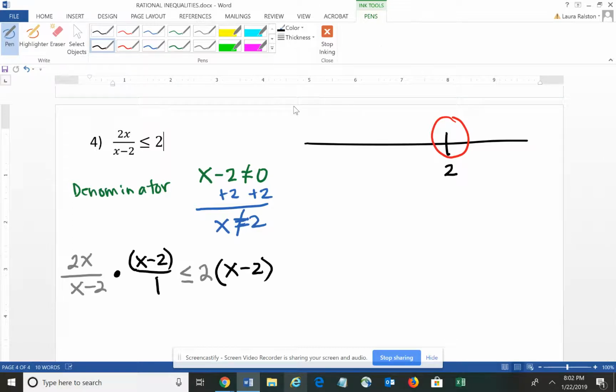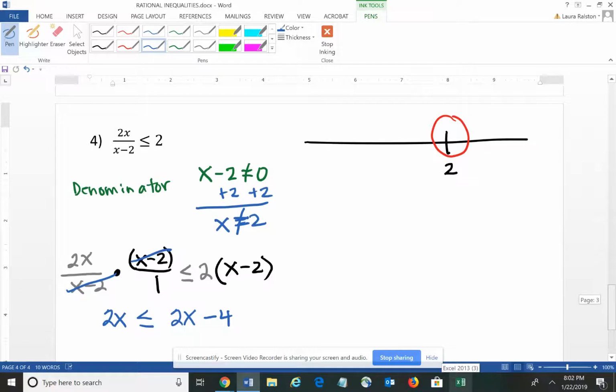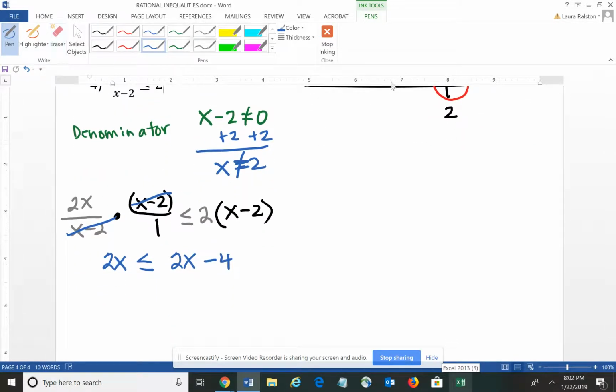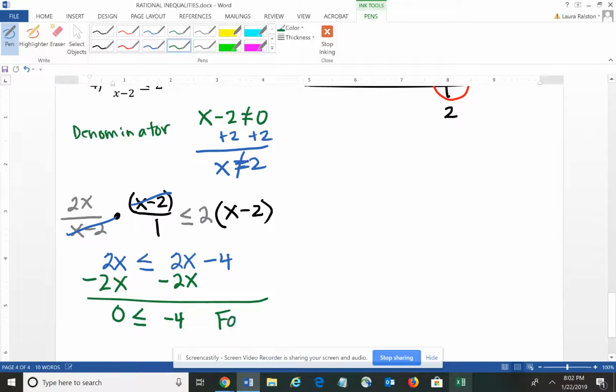So when I do that, I end up with 2x is less than or equal to 2x minus 4. Okay, so if I solve this for x, and this was a little bit tricky, subtract 2x from either side, and you actually get 0 is less than or equal to negative 4, which is a false statement.